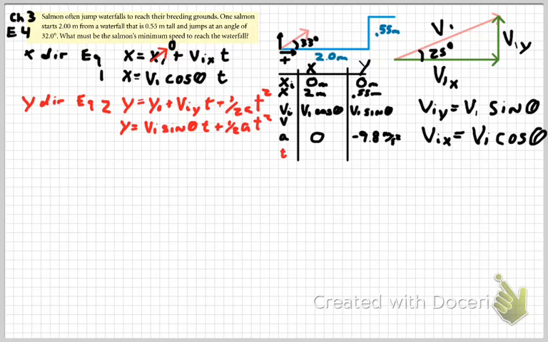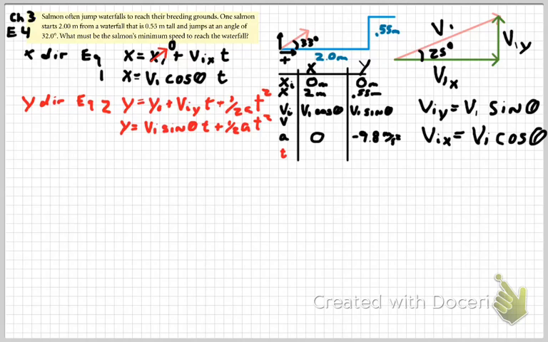With two equations and two unknowns, we solve one of the equations for an unknown and plug into the other one. Equation 1 is our easier equation to solve for an unknown. I'm going to solve for V_i and plug into equation 2. The reason I chose V_i is it's only in one spot.